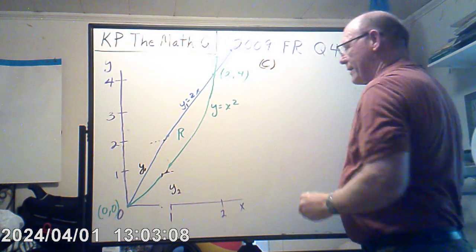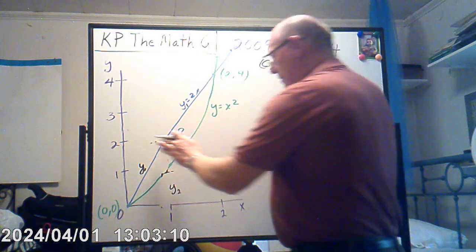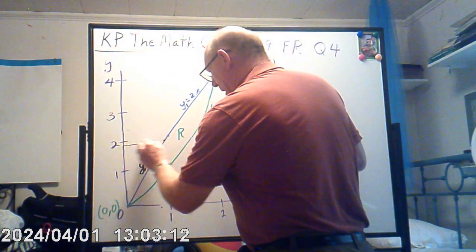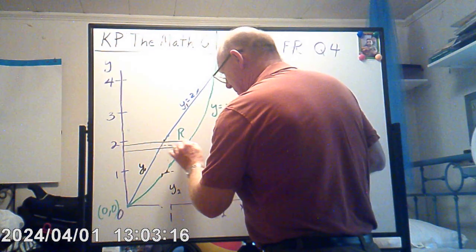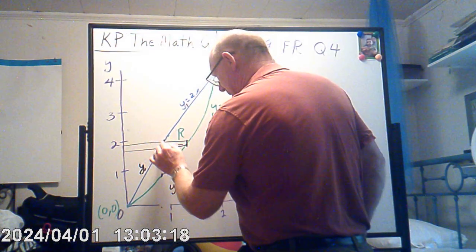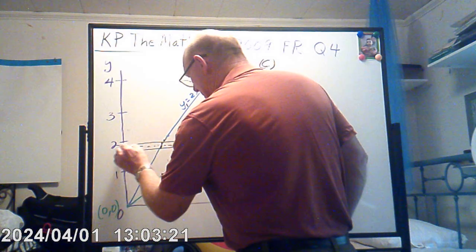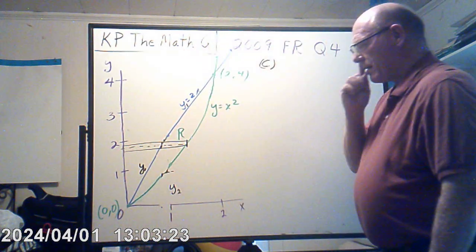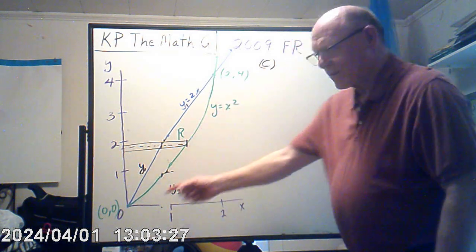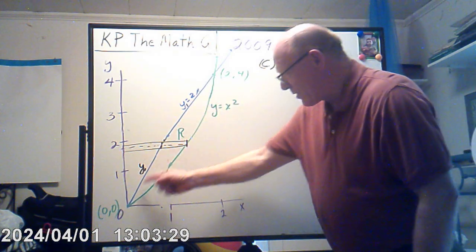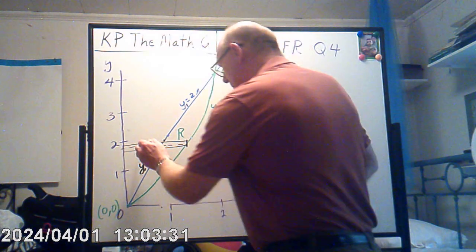Alright, we'll try it. It is perpendicular to the y-axis, so we're just going to do that right there. And we're looking at a square. Okay, and so it's actually the furthest one to the right, minus this part right here.